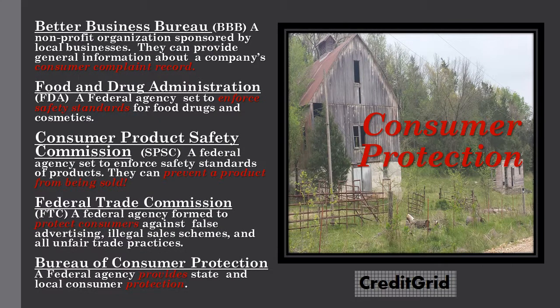Regardless of the marketing strategies and advertising systems that you use, it's important to proceed with honesty and integrity. Entities such as the Better Business Bureau, the Food and Drug Administration, Consumer Product Safety Commission, Federal Trade Commission, and the Bureau of Consumer Protection are out to make sure that businesses act ethically and responsibly with respect to their consumers.